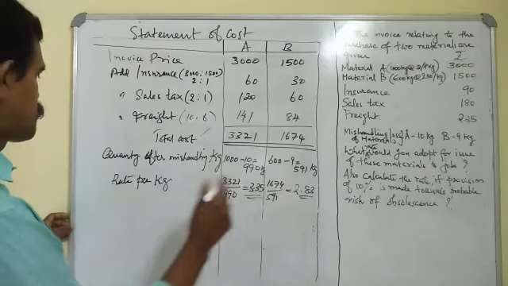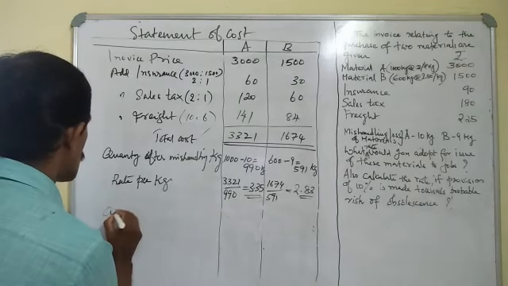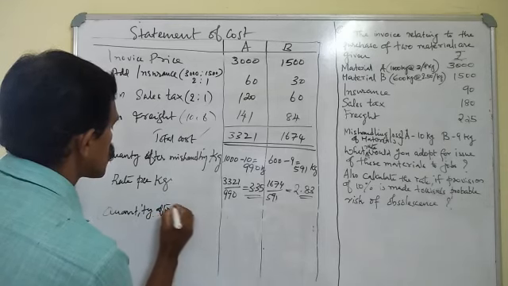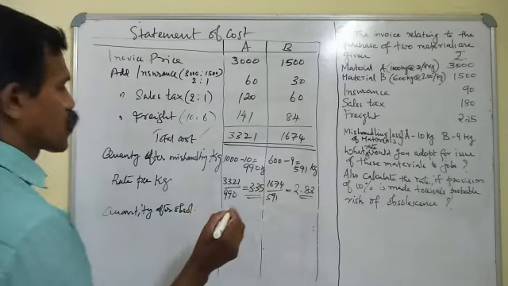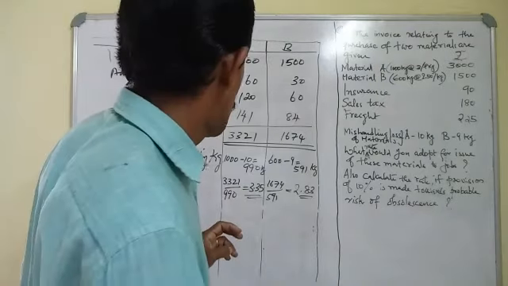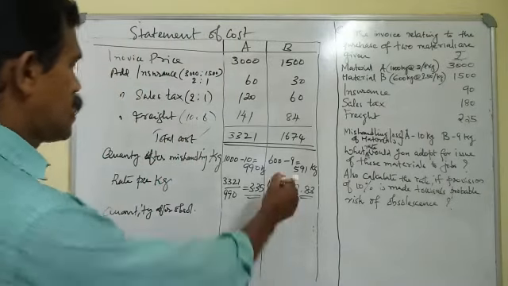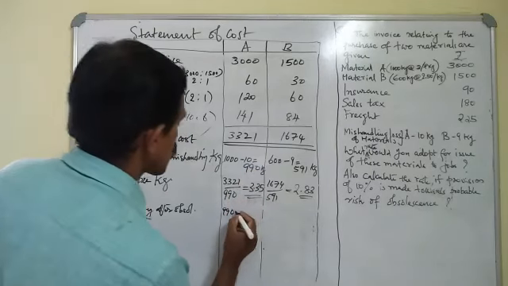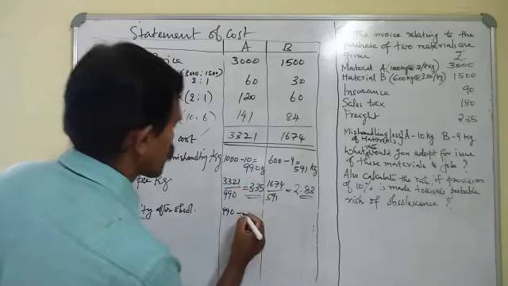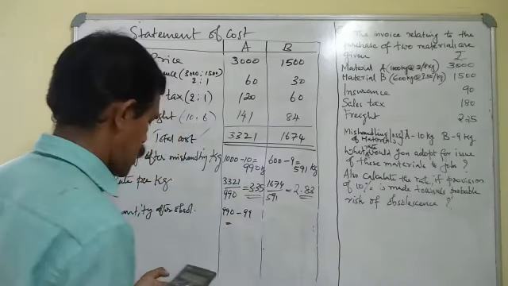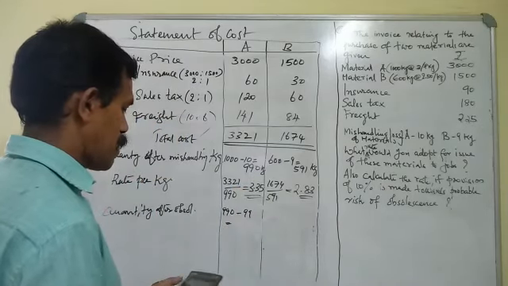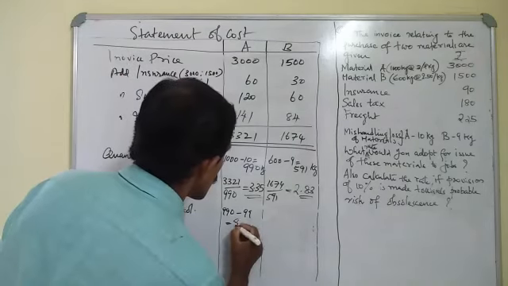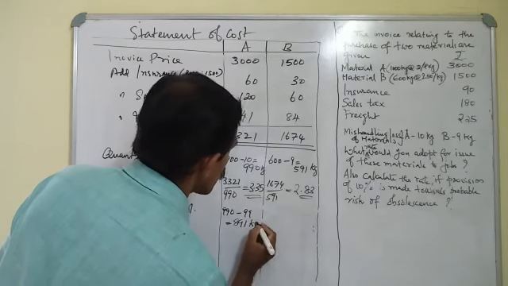Here, quantity after obsolescence: we have 990 kilograms after mishandling, then its 10% is 99. 990 minus 99 comes to 891 kilograms.